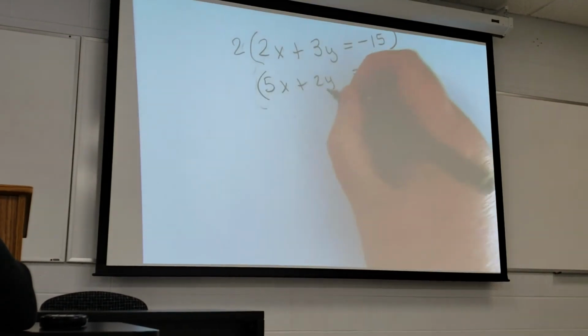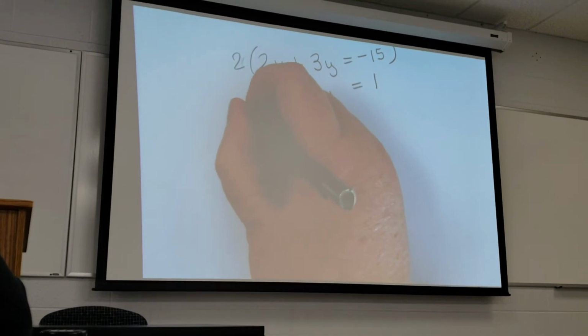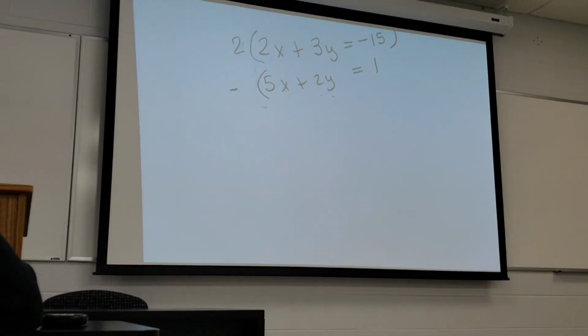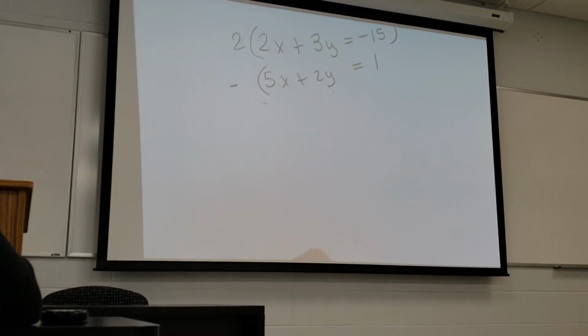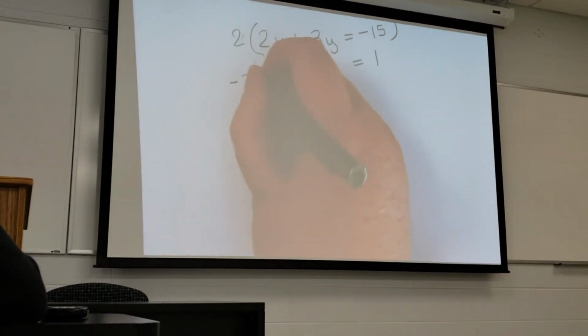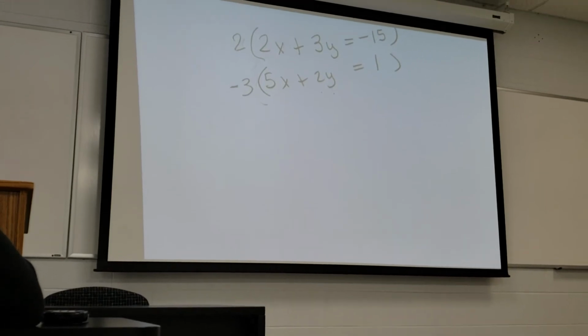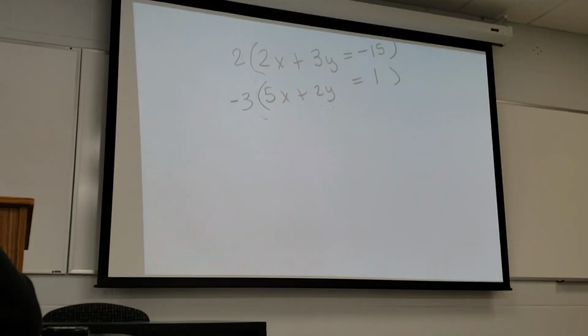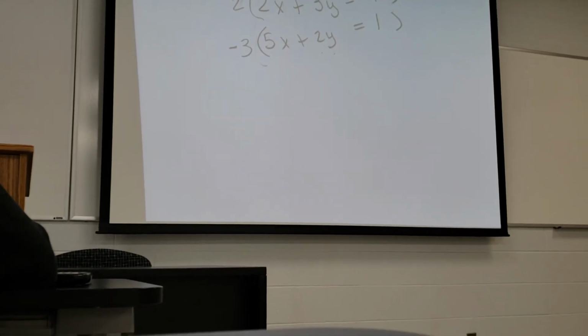Now, this one has a 2y, I want to make it negative, so whatever I multiply by is going to be negative. What do I multiply 2 by to make 6? 3. But it's going to be -3, and it has to be the whole equation. Why did I make it negative? Because I have to have a positive 6 and a negative 6, so when I add them, they cancel.